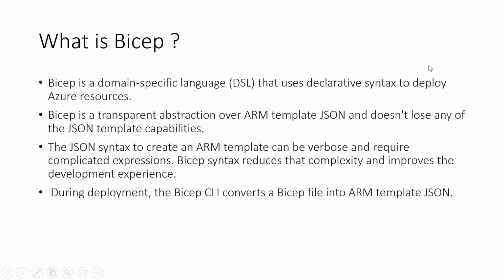And this is not something different from your Azure ARM templates, just a layer on top of your JSON templates. Even if you don't have basic knowledge of ARM templates, it is a layer on top of that, where you just write some commands, or just have a different way of defining things.